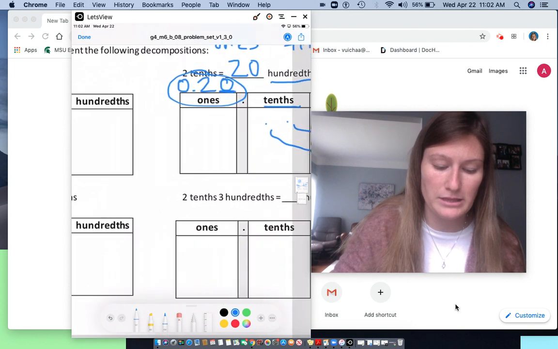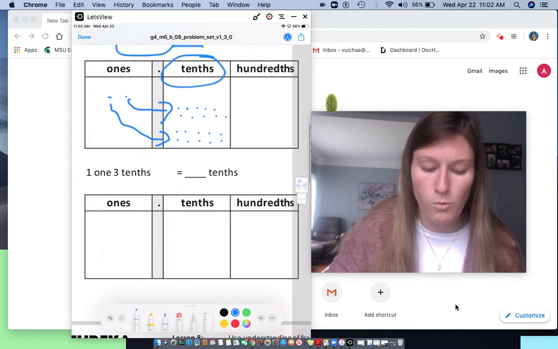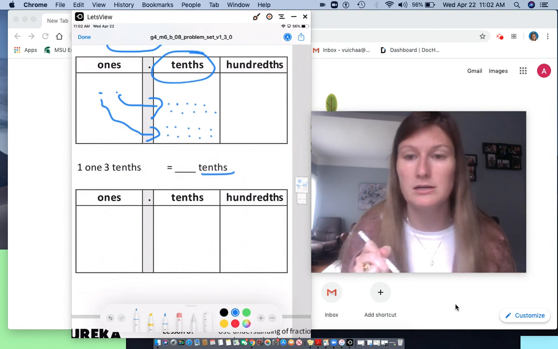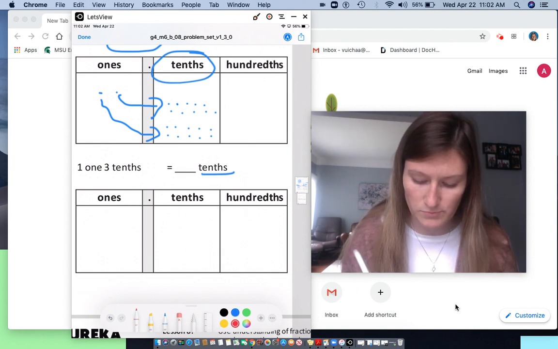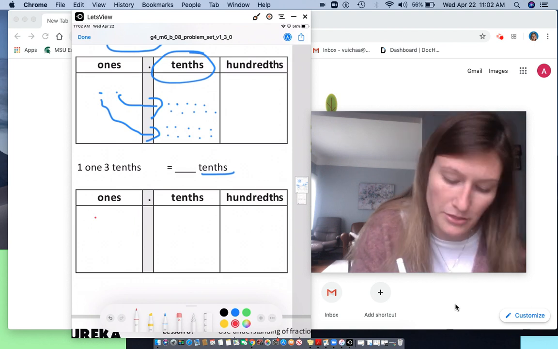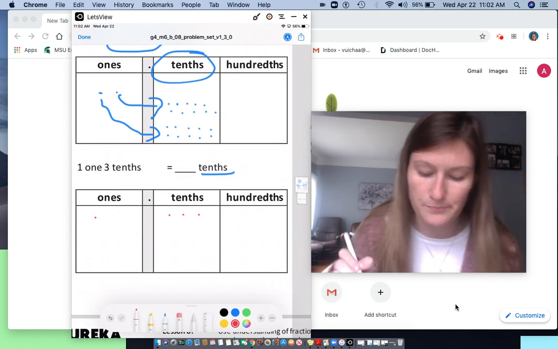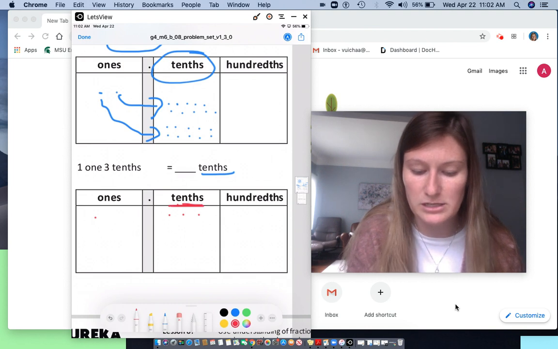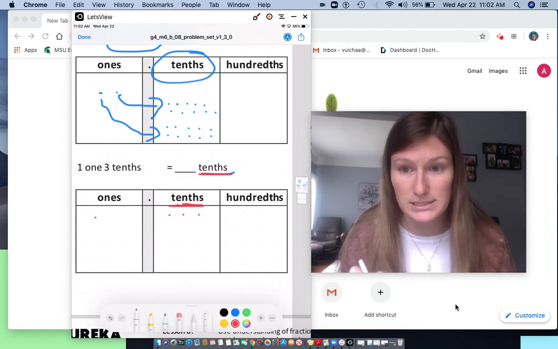Okay, let's try the next one. 1 and 3/10, and they want us all in the tenths column. So I'm going to do 1 dot in the ones, and then 3/10. 1, 2, 3. Now, we don't have to move any of our tenths to the hundredths because they're asking for the tenths.